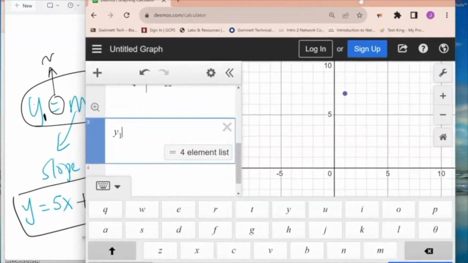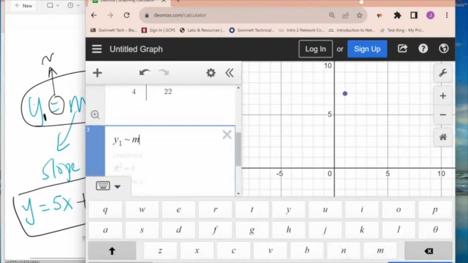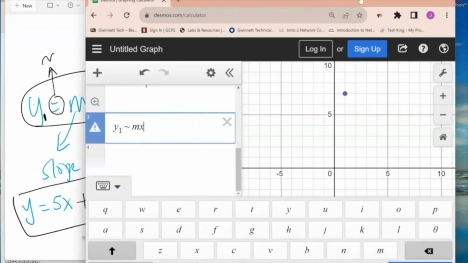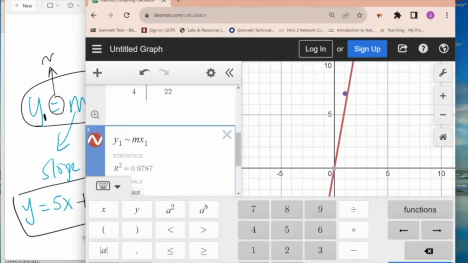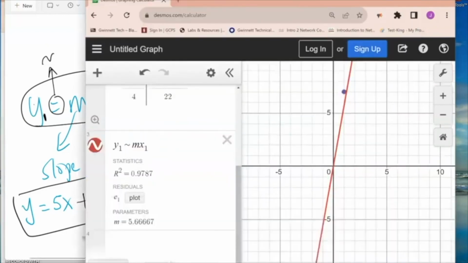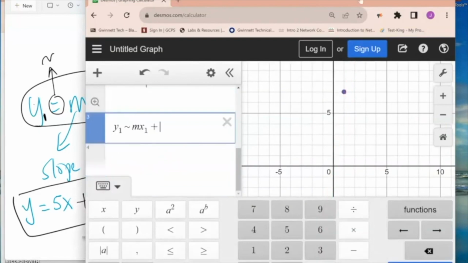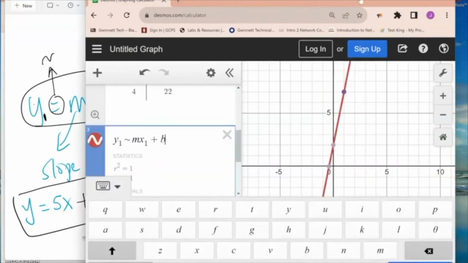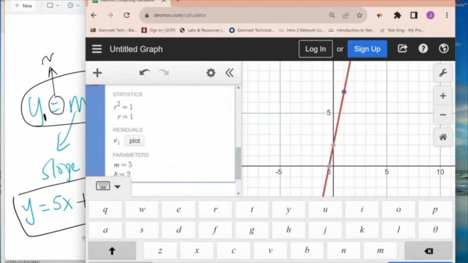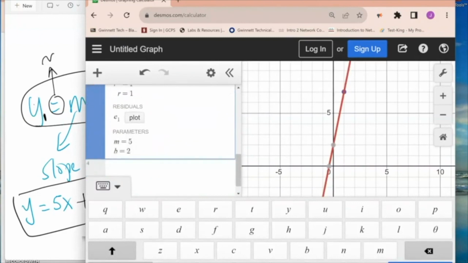Hit ABC, and the squiggly line is right there. Then m, then x sub 1, and then plus b. When you do that, it's going to give you your m and your b.